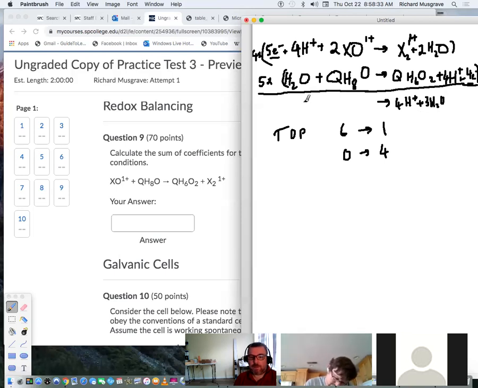Okay, the next thing we need to do is put in our other bits and pieces. We've got 8 XO1 plus, and on the bottom we'll have 5 QH8O. And on the other side, we'll have 5 QH6O2 and 4 X21 plus.